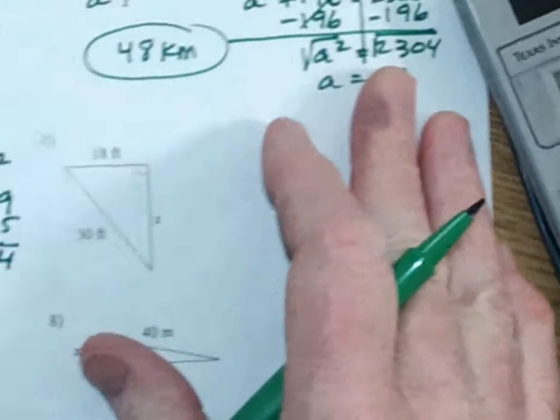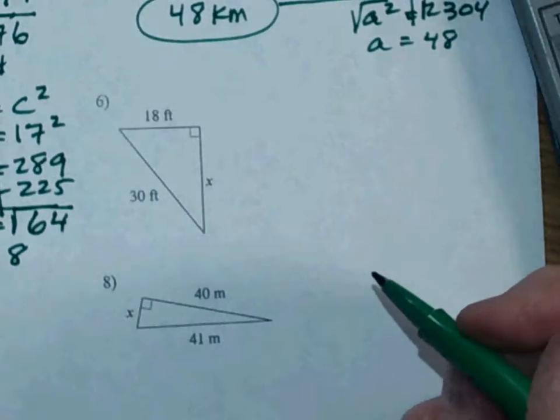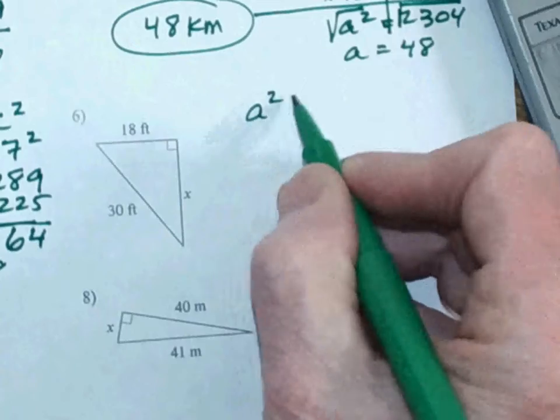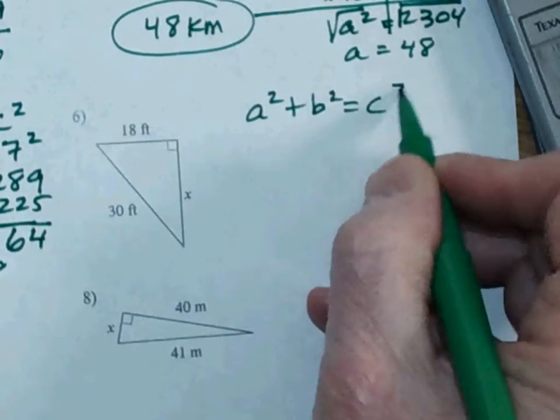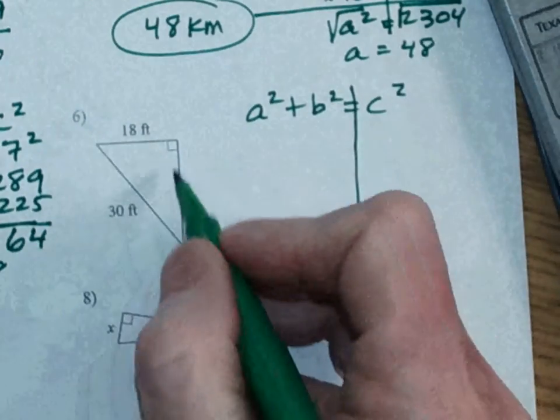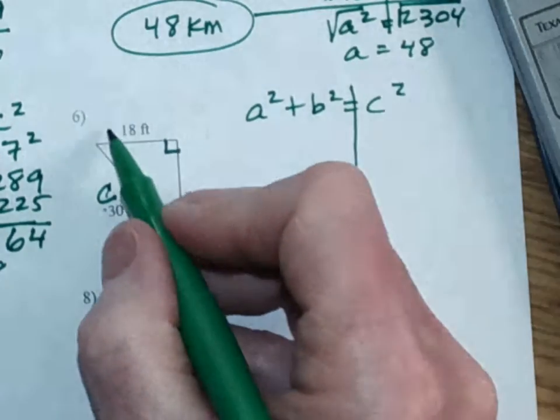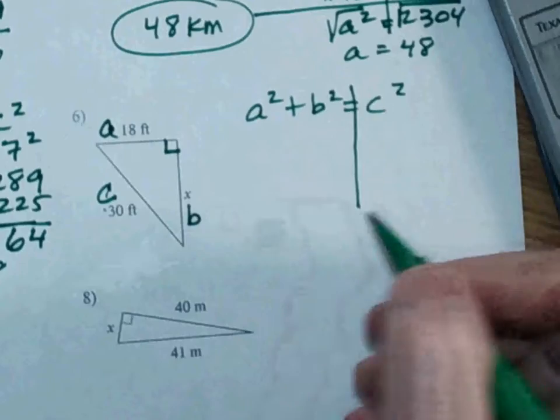Again, if I'm going too fast, just pause it. Rewind. We have a squared plus b squared equals c squared. First, I'm going to identify my c is opposite the right angle, and then I have a and b.